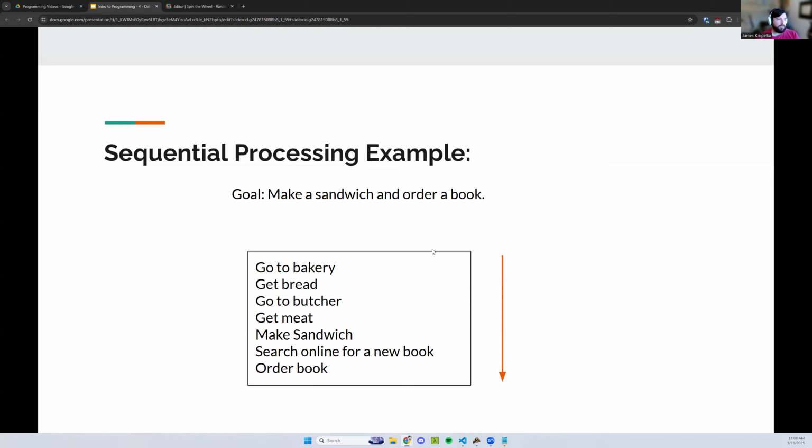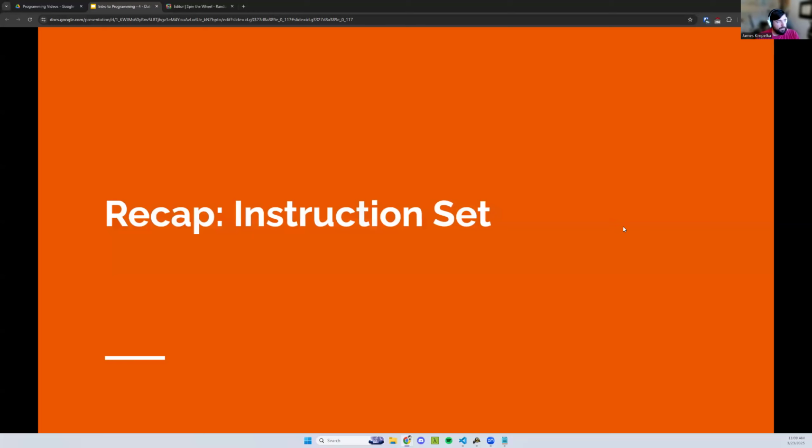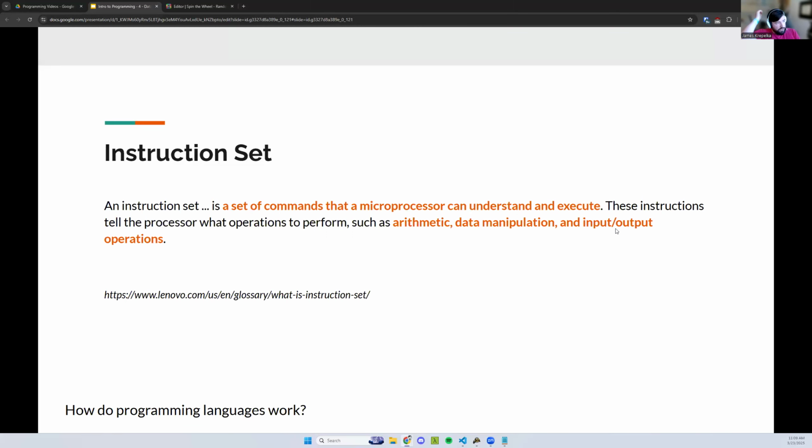You go in order. You're not getting bread and then jumping to search for a book online. You're going in order, one step at a time. And that's what computers do, which is sane, right? Because it's a little crazy to think that we could give it some instructions and it's going to just randomly choose which one it wants. That's frustrating.